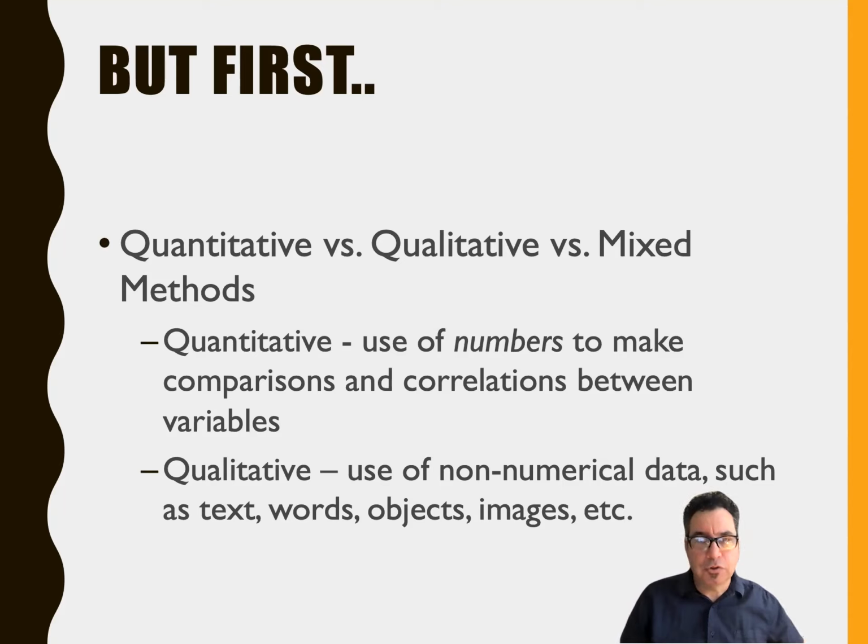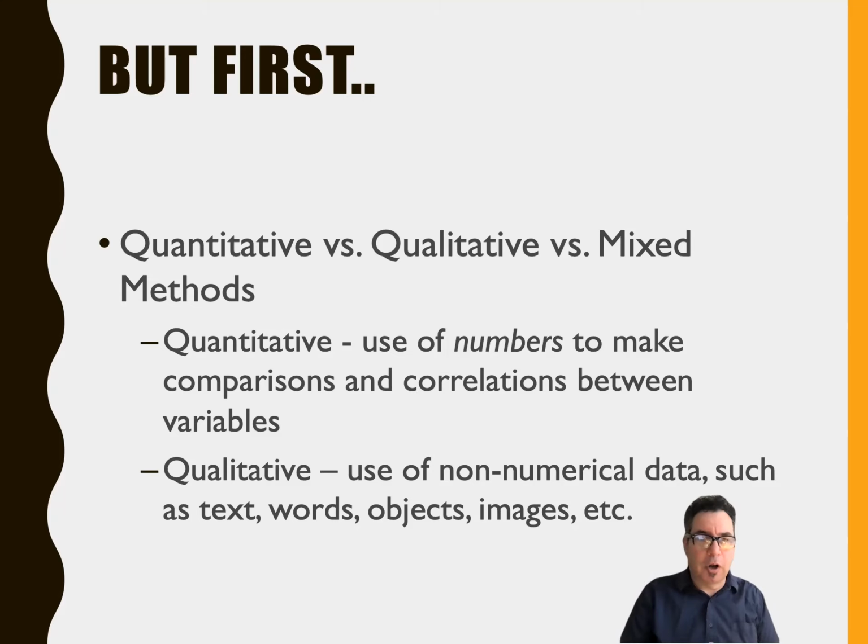So surveys typically is the way that you'll do a lot of quantitative research versus qualitative, where you're using non-numerical data such as text, words, objects, images, etc. So typically interviews and observations, focus groups, looking at written documents, text documents, etc. That is qualitative research. And then mixed methods means when you do a little bit of both.